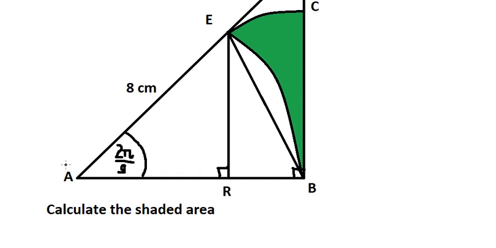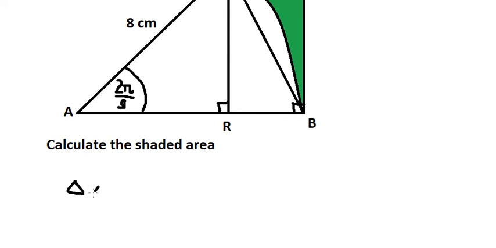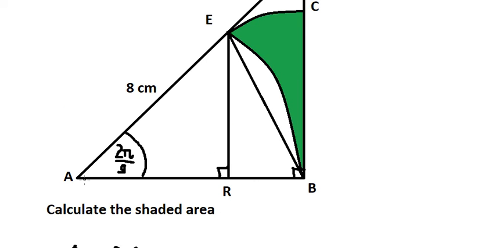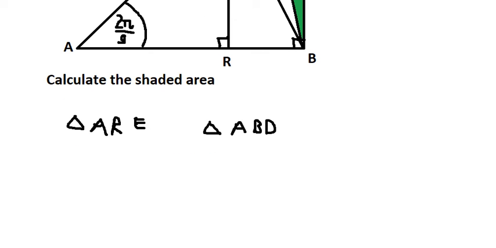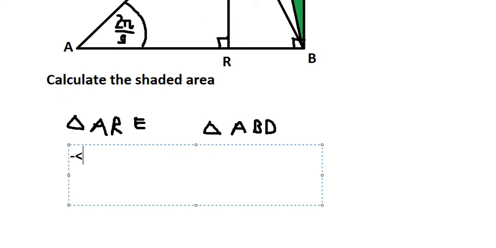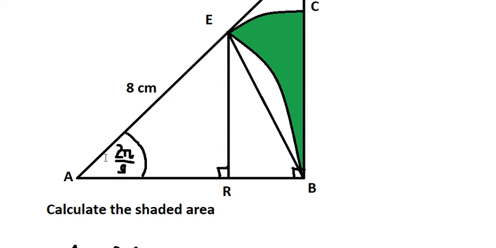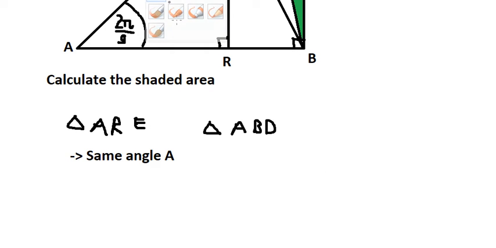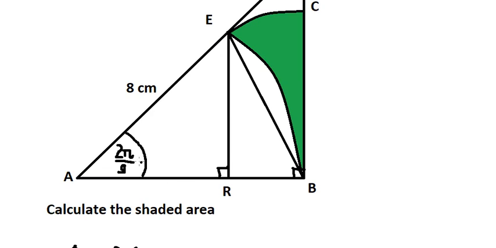So we can see that the triangle ARE and the triangle ABD have the same angle A. And the next one, they have the same right angles. That is about ARE and ABD.